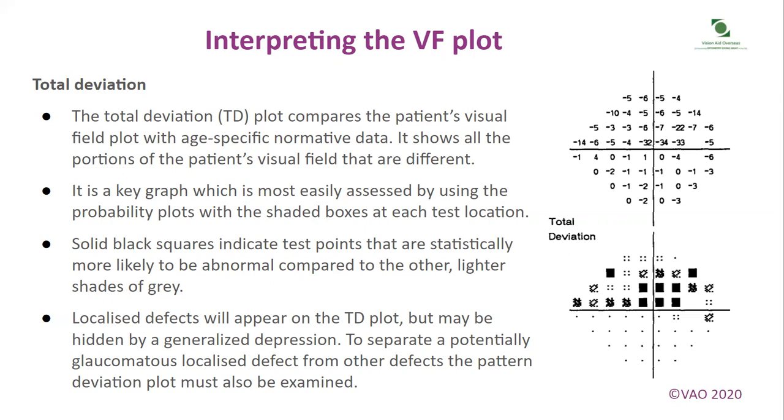Solid black squares indicate test points that are statistically more likely to be abnormal compared to the other lighter shades of grey. Localized defects will appear on the TD plot, but may be hidden by a generalized depression. To separate a potentially glaucomatous localized defect from other defects, the pattern deviation plot must also be examined.